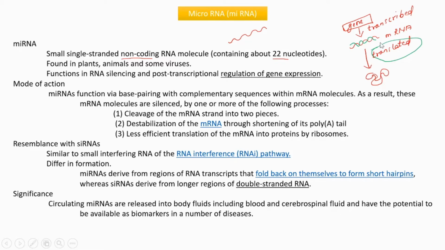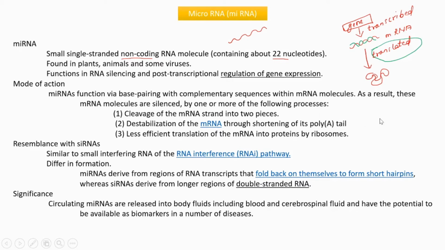And what happens to that mRNA? It may be cleaved into pieces, or it is destabilized. How is it destabilized? By shortening its poly-A tail.